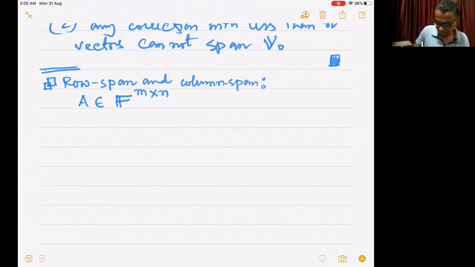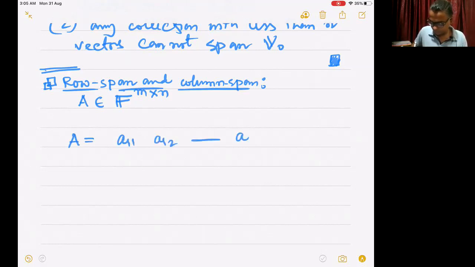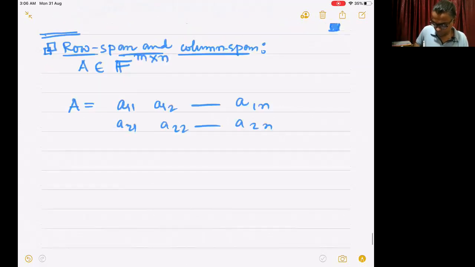So A is an M cross N matrix whose entries are coming from the field F. A can then be written as A11, A12, A21, A22, A2N, and so on up to AM1, AM2 to AMN.